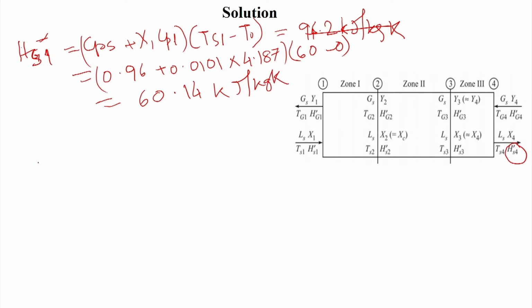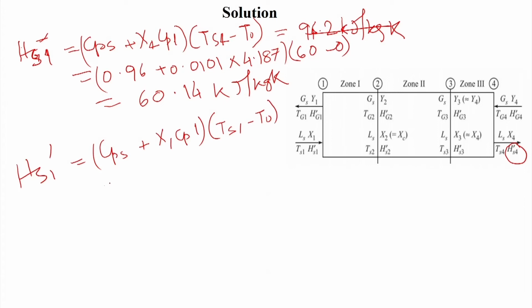And for Hs1, we have Cps plus x1 into Cpl into Ts1 minus T0. It is coming out as 94.2 kilojoule per kg Kelvin.